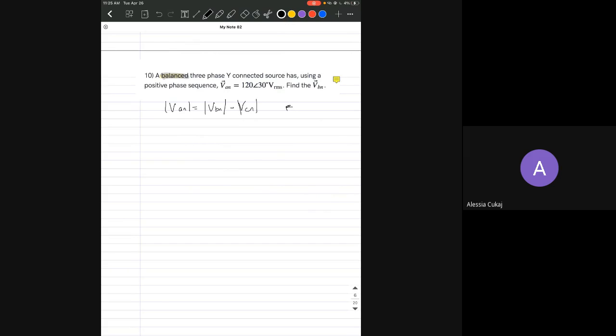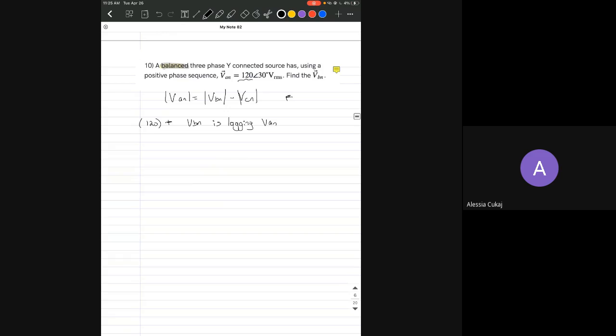Looking at the question itself, you can also notice that this VAN is positive. What that entails is that VBN is lagging VAN because 120 is positive. Now that we see it's a positive lag, we know it's lagging by 120.